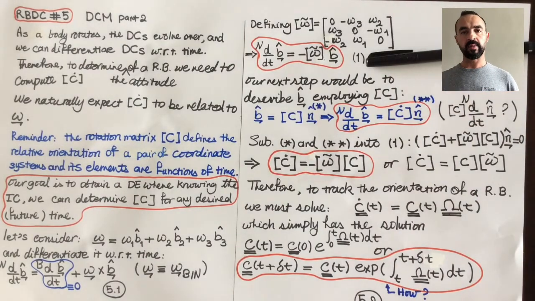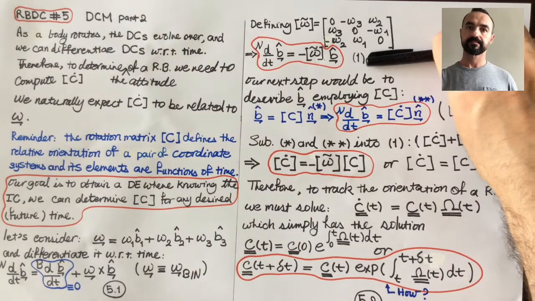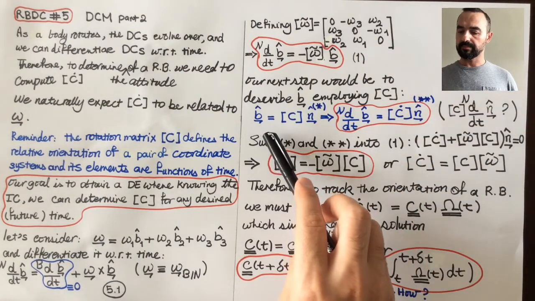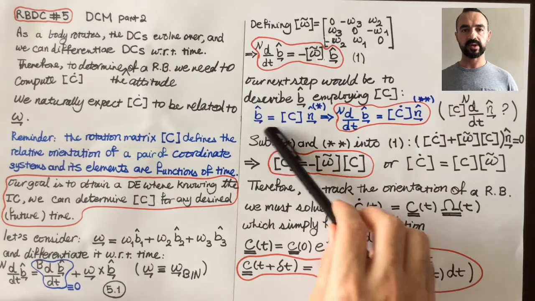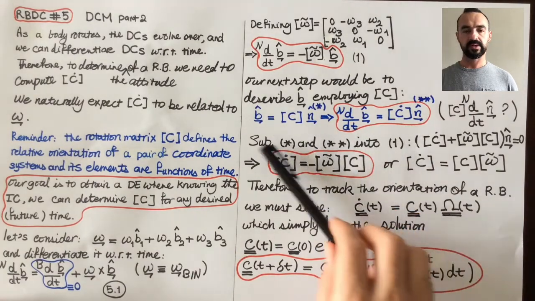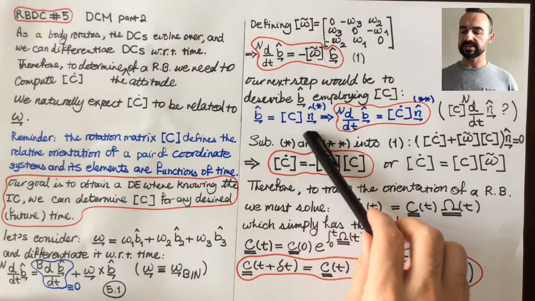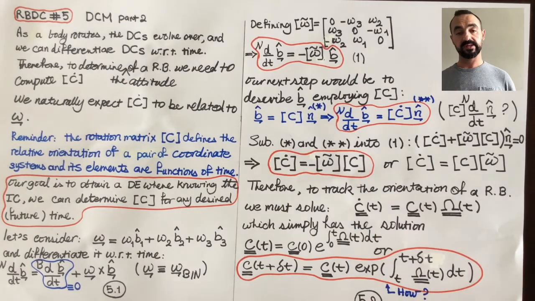So once we have that, we are here. Now, again, remember, our end goal is to have a differential equation to describe the direction cosine matrix. So, if you recall, this is how we related the unit vectors in body and inertial frame. B was equal to C N, where C again is our direction cosine matrix.